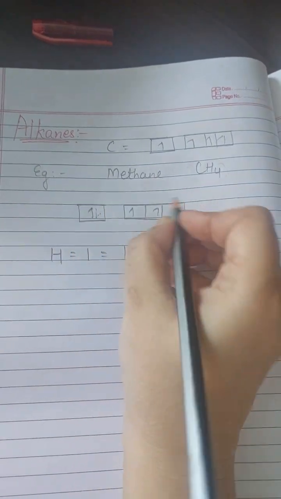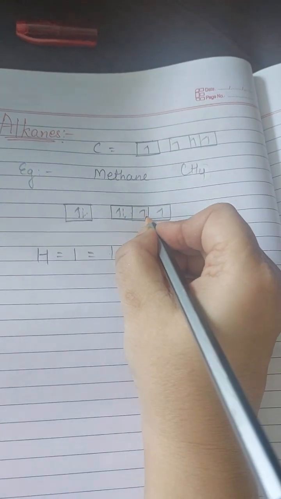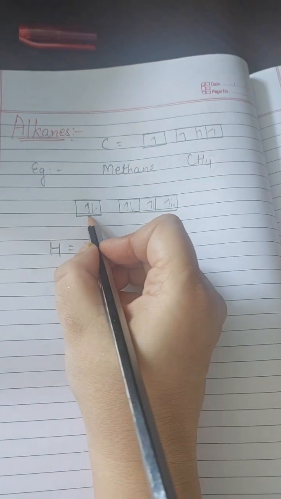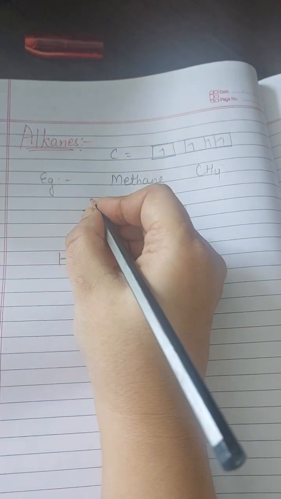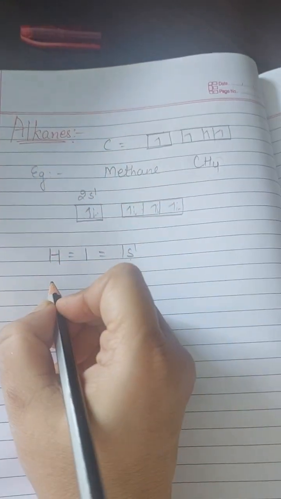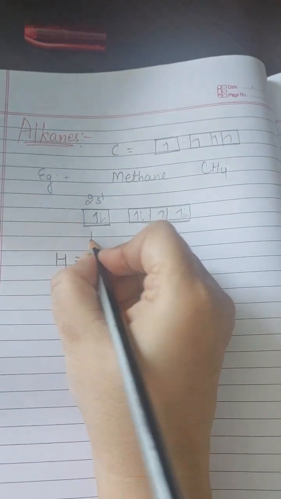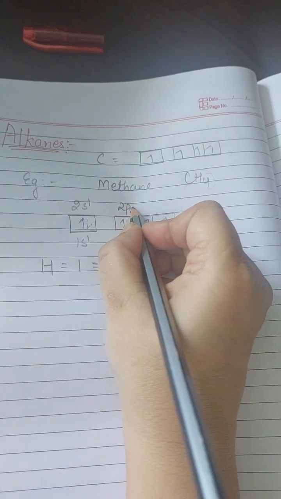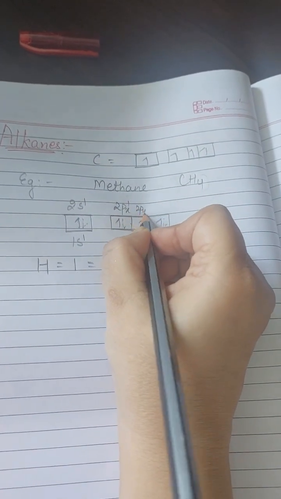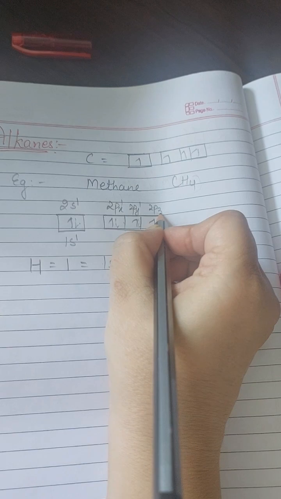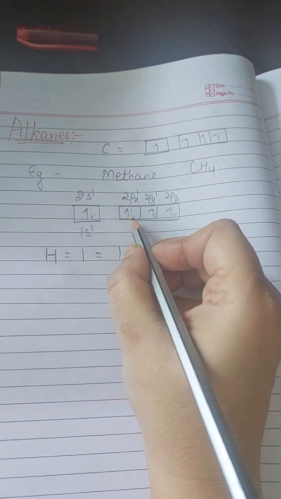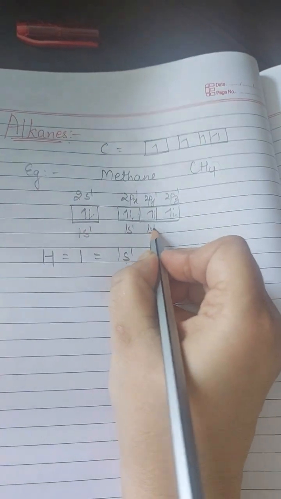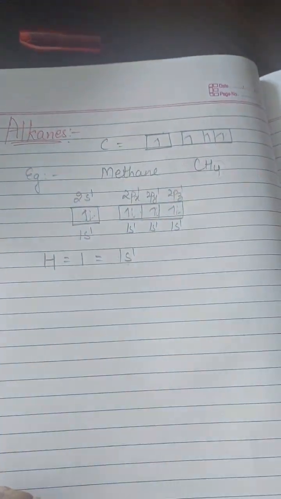So this is hydrogen, this is hydrogen, this is hydrogen, and this is hydrogen. It is carbon's 2s1 orbital and hydrogen's 1s1 orbital. It is carbon's 2px1, 2py1 and 2pz1 orbital, and the hydrogen's orbital is 1s1, 1s1 and it is also 1s1.